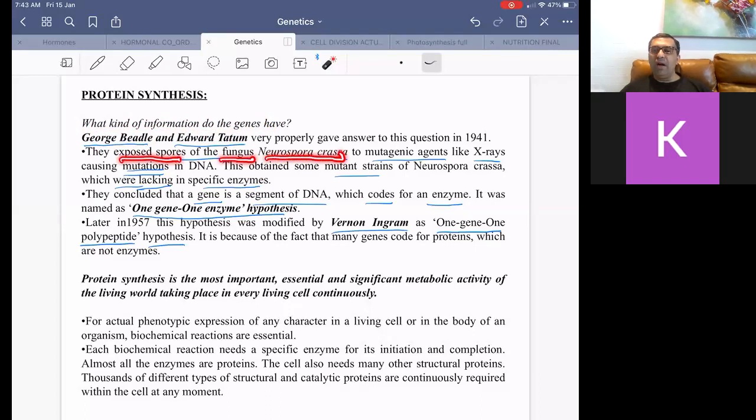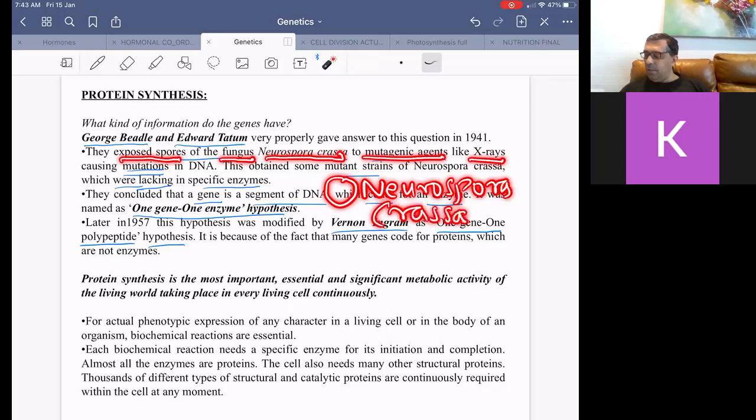Spores of the fungus Neurospora crassa were exposed to mutagenic agents like X-rays. X-ray exposure किया गया and that caused a mutation in the DNA.